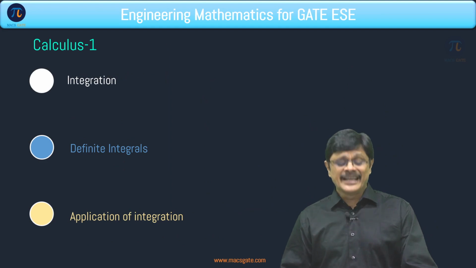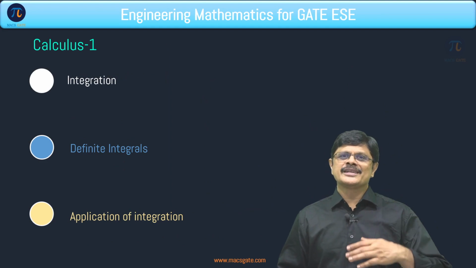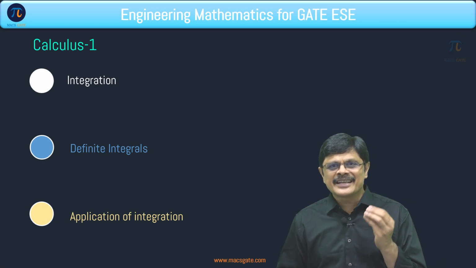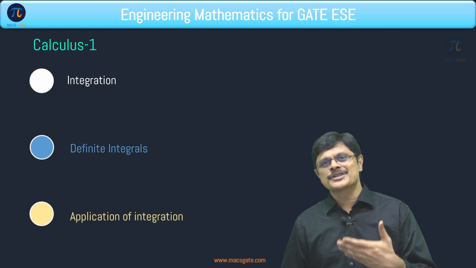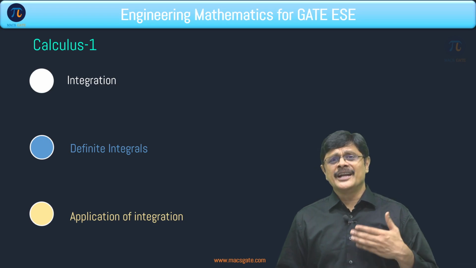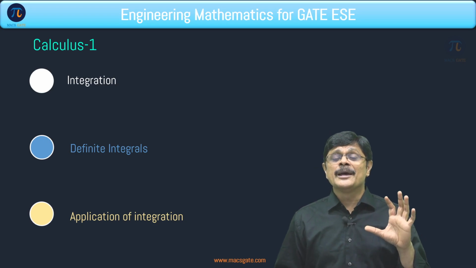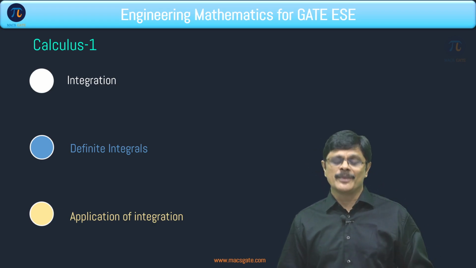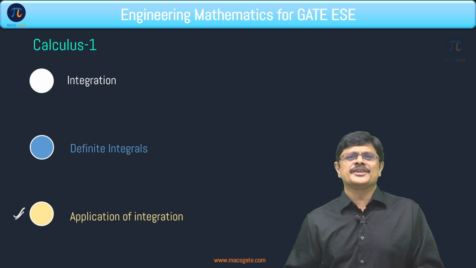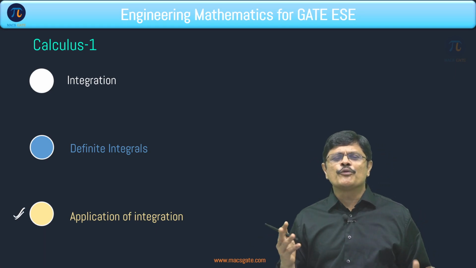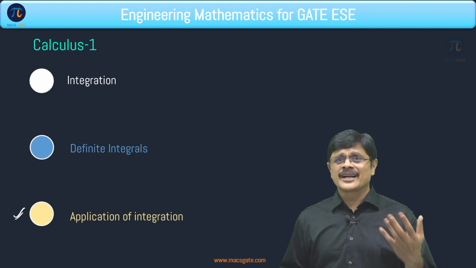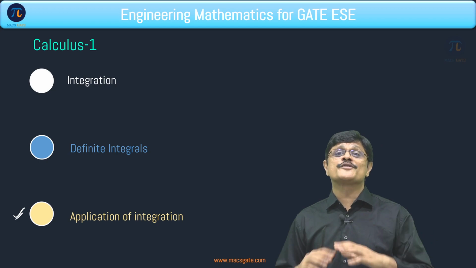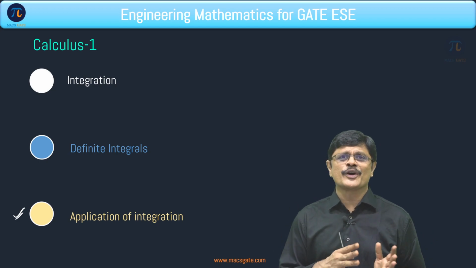Then we have integration. Of course, they generally mention definite integrals. It is better to know the basic integration techniques and basic integration formulas before starting with definite integrals. For definite integrals, we also need to discuss the main properties and how to apply them to solve problems. Under application of integration, we will learn how to find area under the curve, arc length, surface areas, and volumes of solids of revolution.